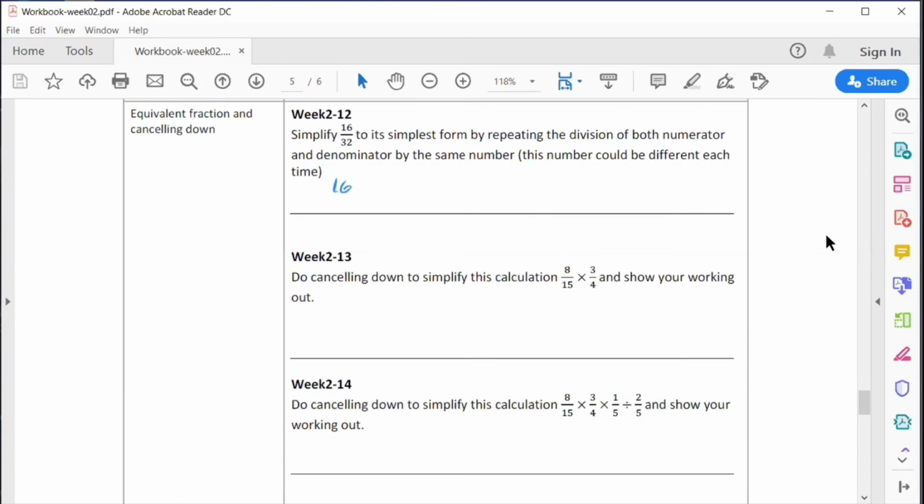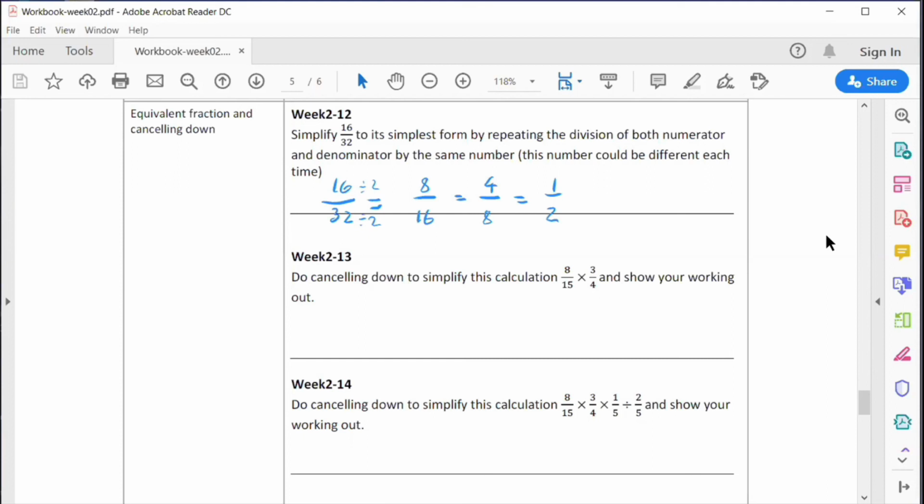So the 16 over 32, and you just divide by 2, divide by 2. So you get 8 out of 16, and then you can have 4 out of 8, and then just half. Yeah, you can do that. No problem.